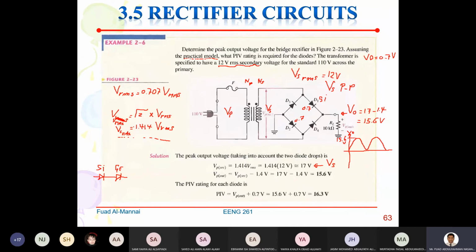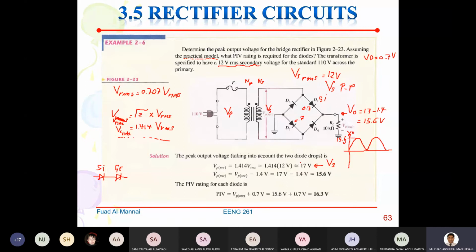So Vmax is equal to 1.414 VRMS. Substitute, and you will see that VS peak is equal to 17 volt.